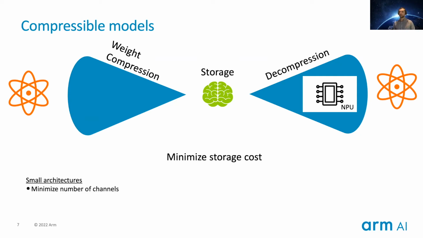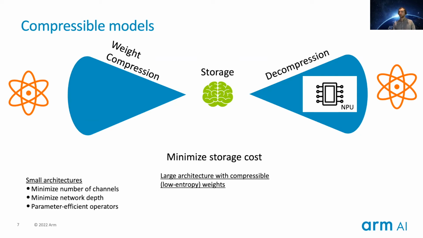So we can think about architectures that have a very small number of channels, or are very shallow, don't have a lot of layers, or that use parameter efficient operators, for example, depth-wise separable convolutions instead of regular convolutions. On the other hand, we could take a large architecture, but have the weights that parameterize that architecture have very low entropy, meaning that the weights are very compressible.